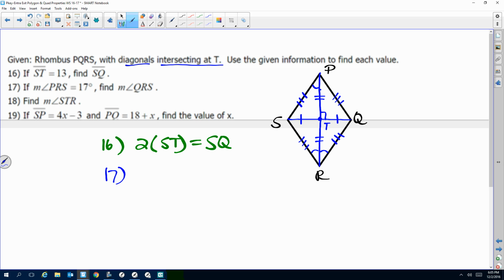So right here, those two angles would be congruent, and they're being bisected, and are obtuse. Same thing. So I already know that this is 17. That's my PRS, and they want us to know what QRS is, that's the whole thing. So if I just double that 17, we have the value of QRS.